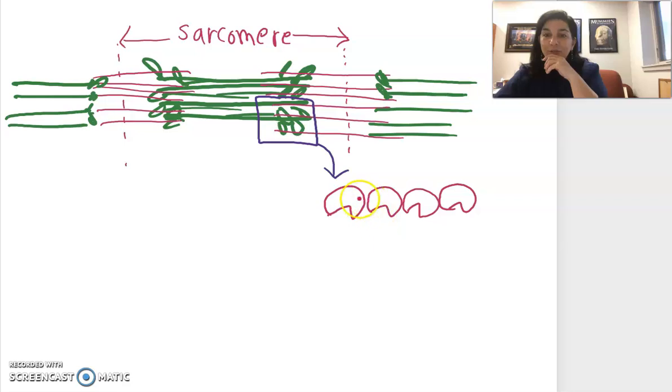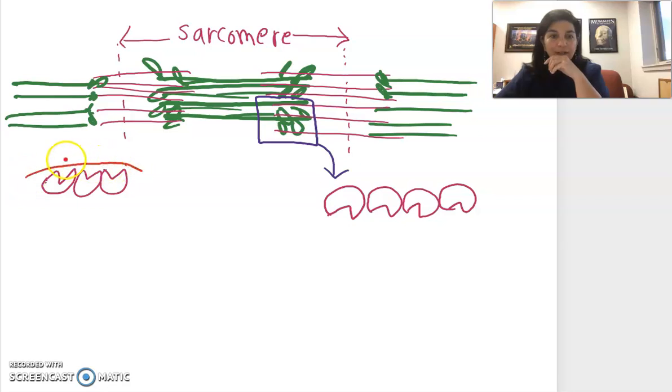And these individual beads actually have a binding site for the heads of the myosin. So this is the active binding site. Normally, this binding site, I'll draw it real quick here, has a regulatory protein sitting on top.